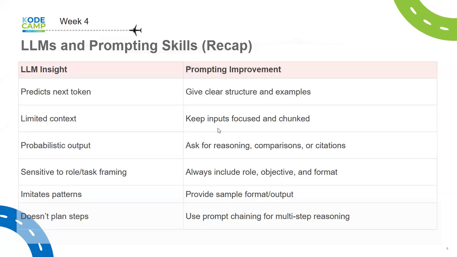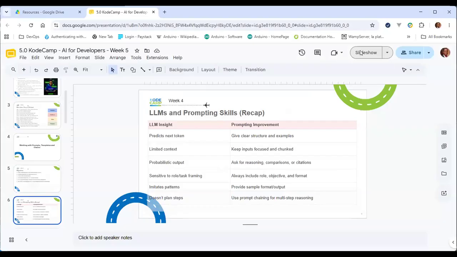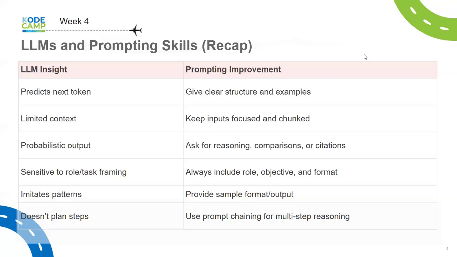Because when you understand what is going on behind the scenes, then you'll be able to understand some of the reasoning behind why we write prompts or how we should write prompts, right? It's very important to understand that background. So let me recap that.